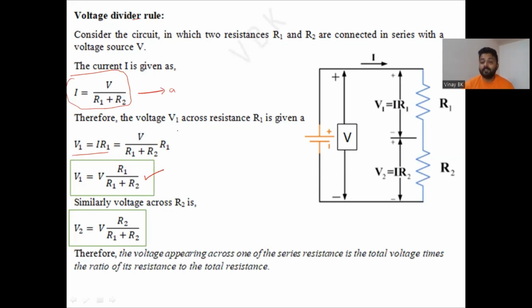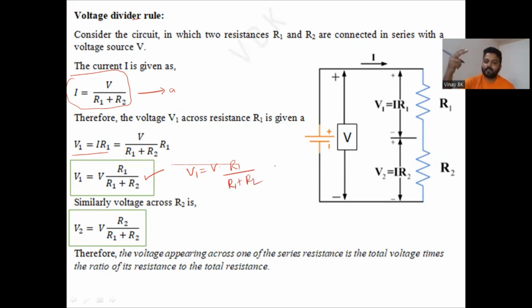It is nothing but the voltage divider rule, which says that the voltage appearing across one of the series resistances is the total voltage times the ratio of its resistance to the total resistance. That is, V1 is given by total voltage into the same resistor value divided by the sum of resistors R1 plus R2.